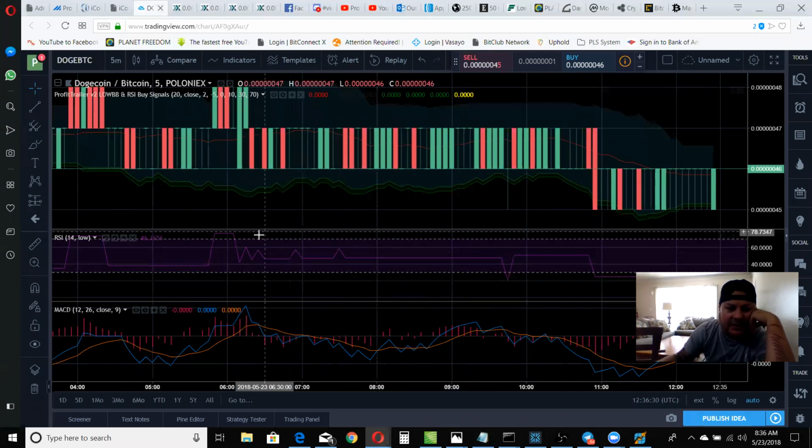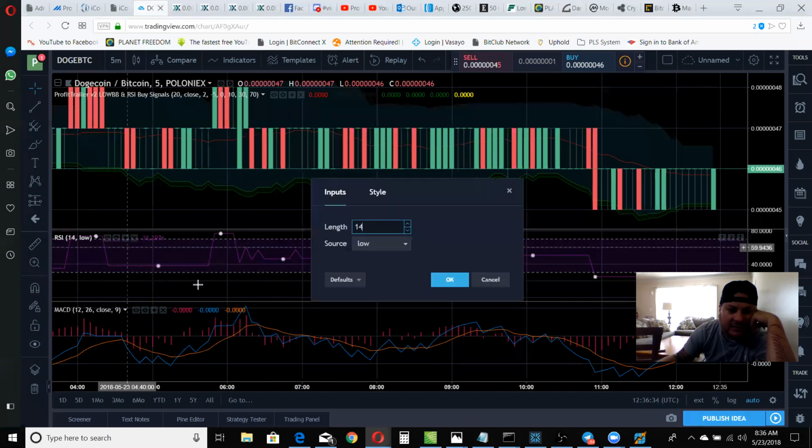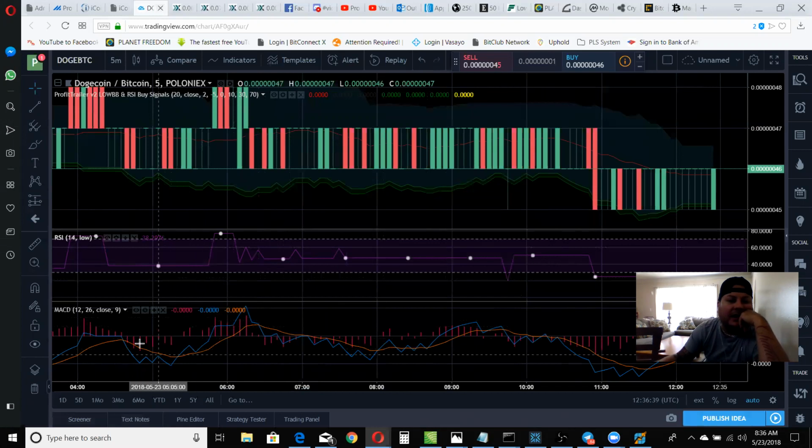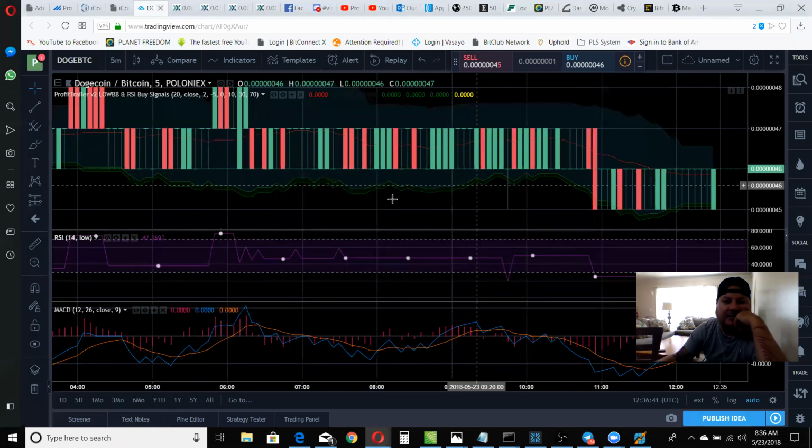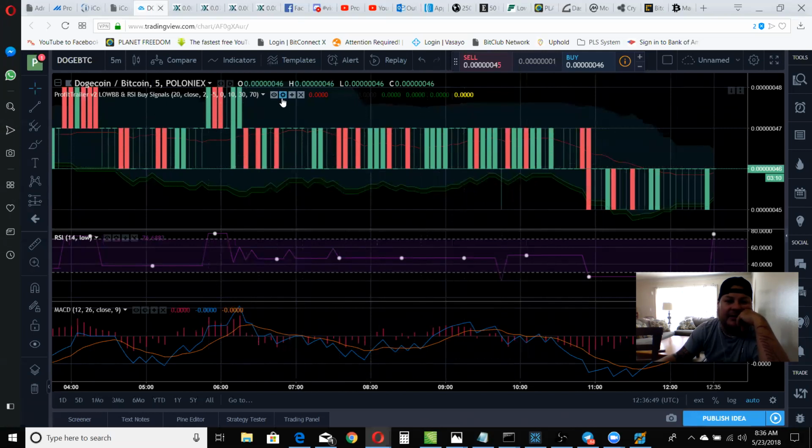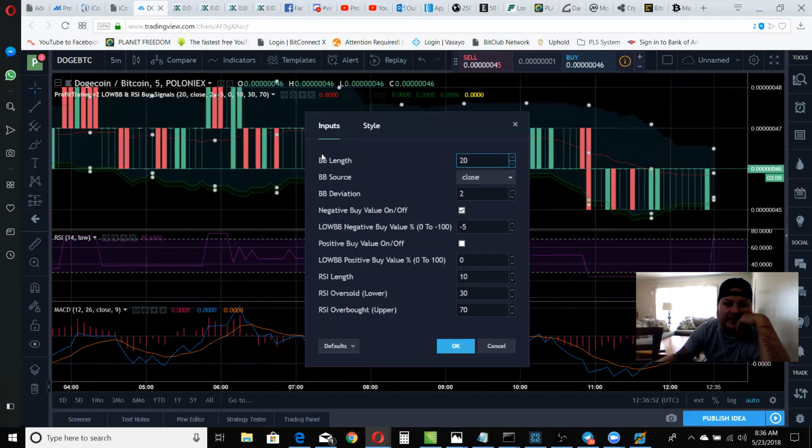So we have our chart set up here, the RSI chart. We have the length 14 set up. Then I have my MACD set up. I just played around with this myself and found some settings that I see a lot of people use.